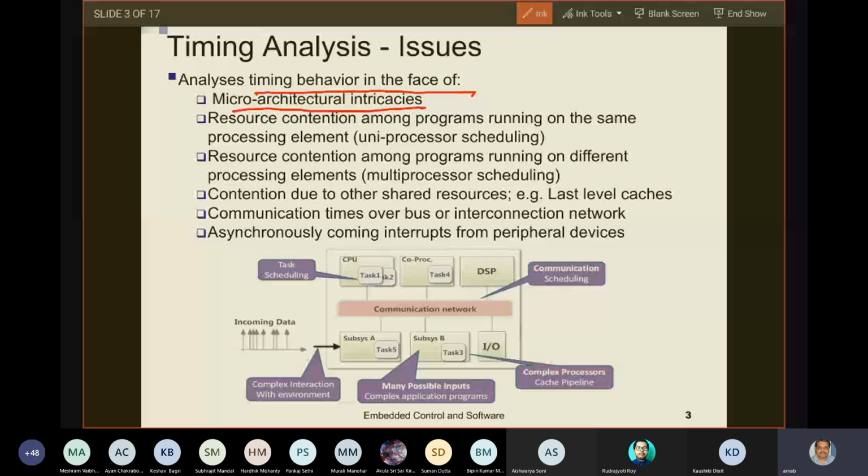There could be problems caused by resource contention among programs running on the same processing element. We saw that there were two tasks. For example, here, there are two tasks executing on the same processing element, and you need to correctly schedule the tasks on this processor to ensure that both tasks meet their deadlines for all their instances.